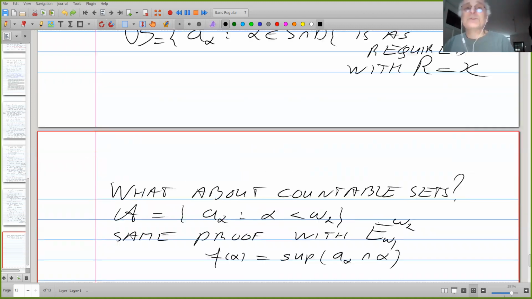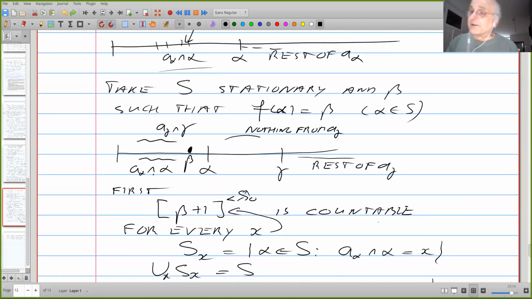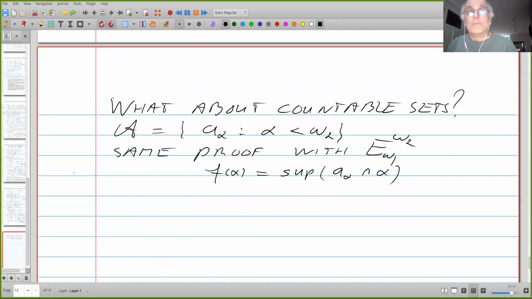And we get the same situation as what I drew here. We get a beta. Now beta is not necessarily the maximum of the A gammas, but who cares? Everything A gamma intersect gamma sits below beta all the time. So the rest is above gamma. And then we have a problem.